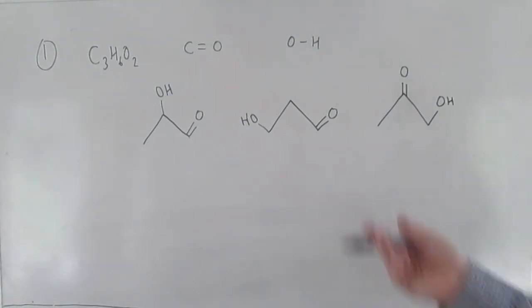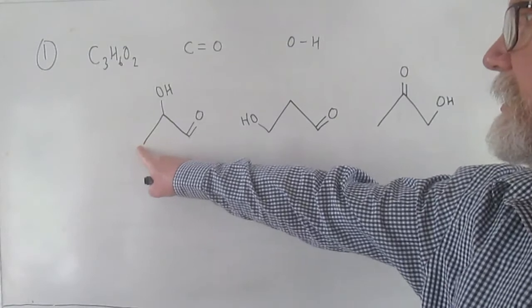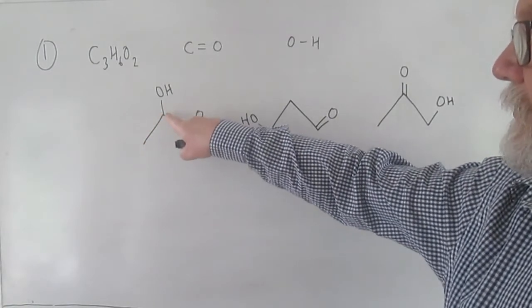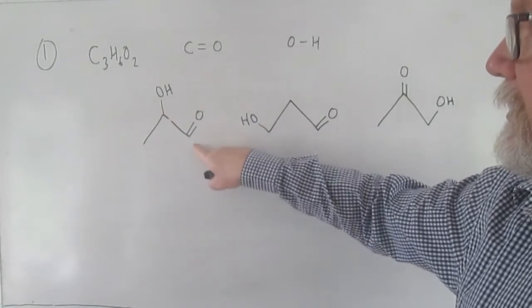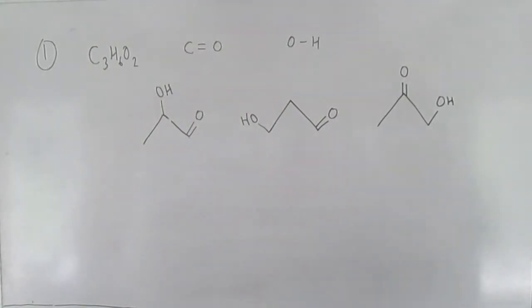So those are your 3 candidates. You can check they really do have that molecular formula, that there aren't any other double bonds or anything, because we've got 3 hydrogens there, 1 here to account for the 4 bonds, so 3 plus 1 is 4, plus 1 is 5, plus 1 is 6, so that's correct.